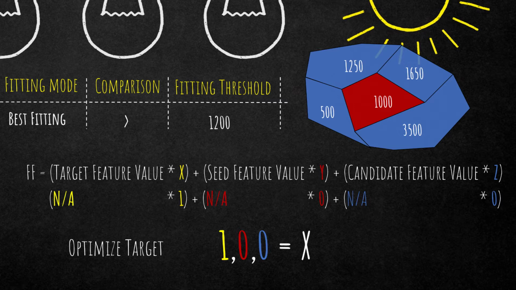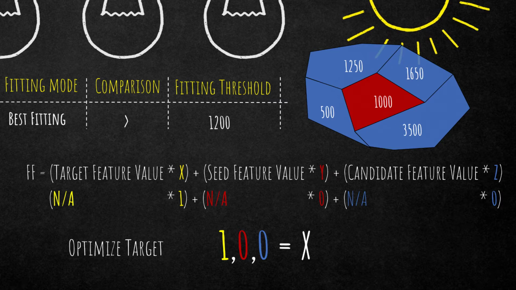On top right you see image objects, and the red one is our seed object, the blue ones are the candidates, and yellow finally will be our target object. We use best fitting greater than 1200.